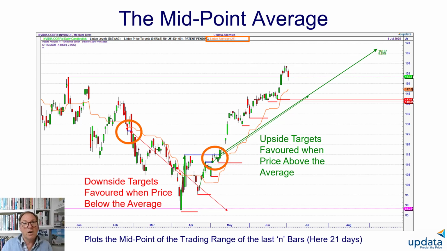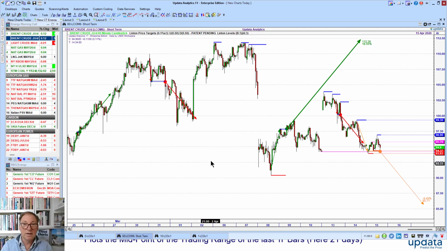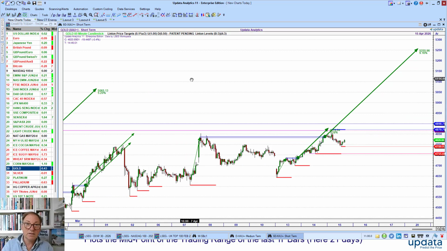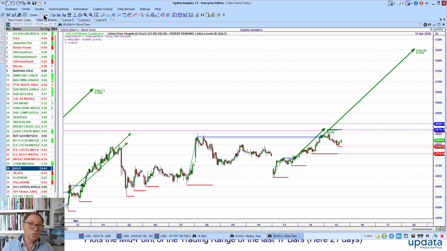So here on a midpoint average, that's just one of the things that comes out of Ichimoku charts. This midpoint average is a tool within Updata, and you can put that on your chart. So if I go to, this is a 60-minute chart. Here I've got a cloud. I could just go back to a candlestick chart, and the midpoint average, you will find it in the tools menu.